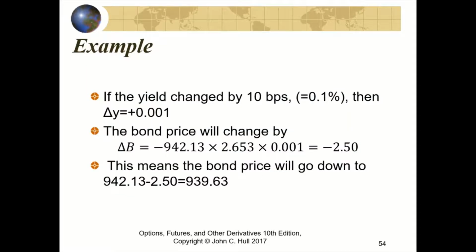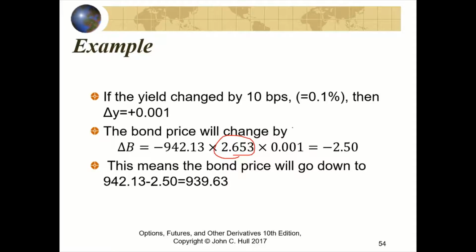Okay, now we found the bond duration, which is 2.653. Now we want to see how the bond price will change if the yield changed by 10 basis points. Let's say the bond yield increased.